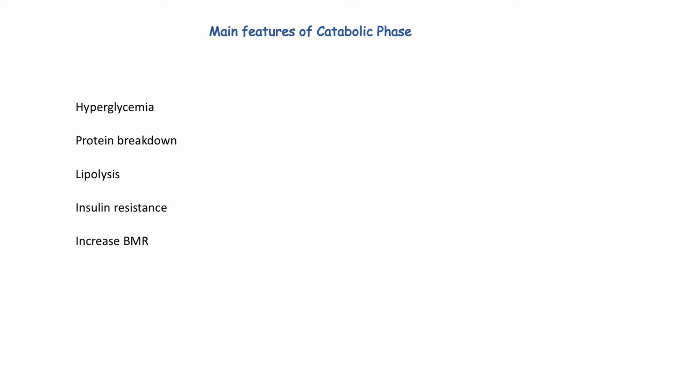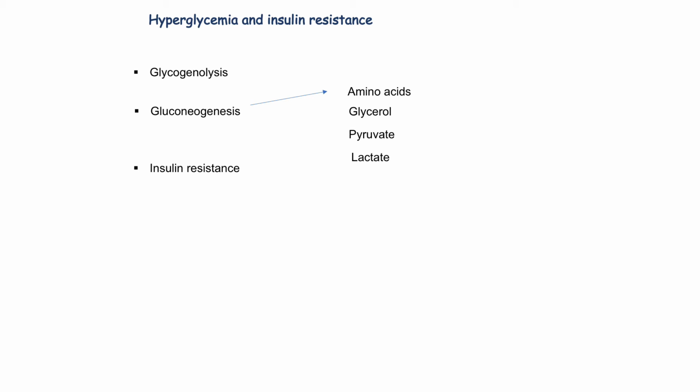Now let's discuss how these changes help during metabolic response to stress and how these changes can result in complications. Hyperglycemia is one of main feature of metabolic response to stress. Several factors result in increase in blood glucose level.